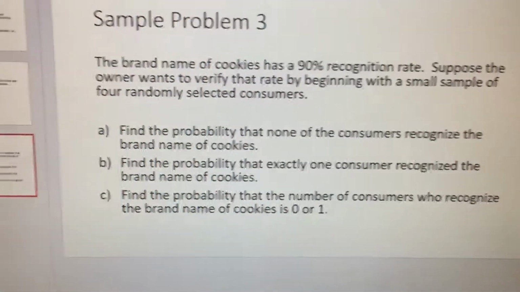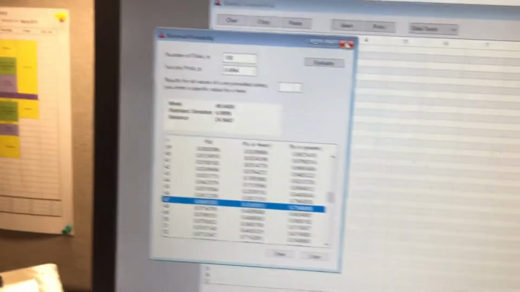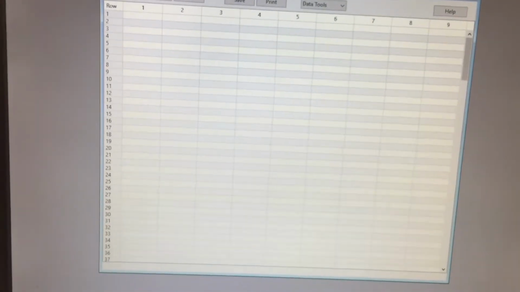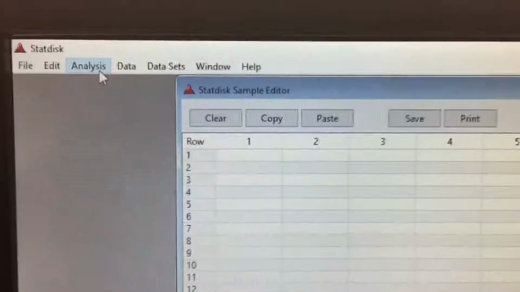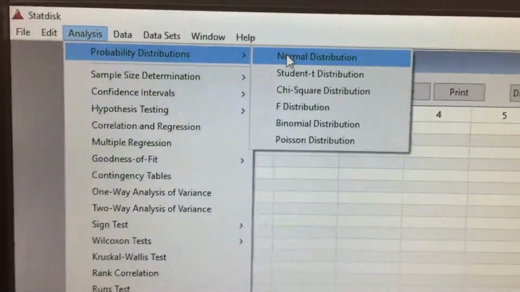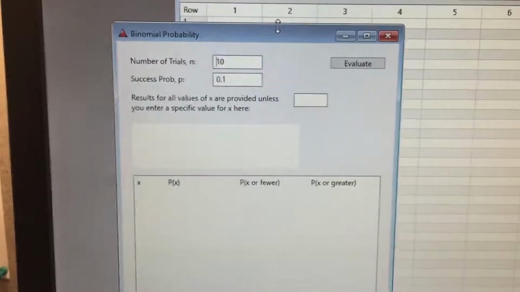Okay, so now let's start with the StatDisk, and I'm going to go ahead and close out this window here. Now again, we're going to go to, this time, analysis, which is up here. You're going to go to analysis, then probability distribution. Now, again, it's a binomial distribution because they either recognize the brand name or they don't.